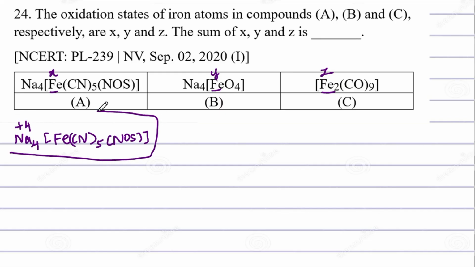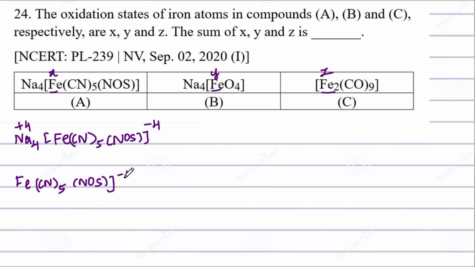The whole compound is neutral, so when the sodium atoms have the charge +4, this part of the complex, [Fe(CN)5NOS], will have the charge of -4.